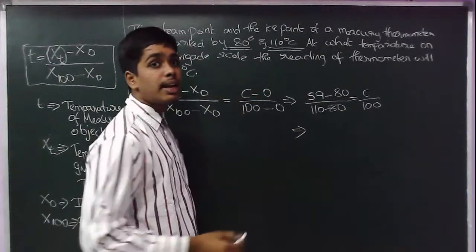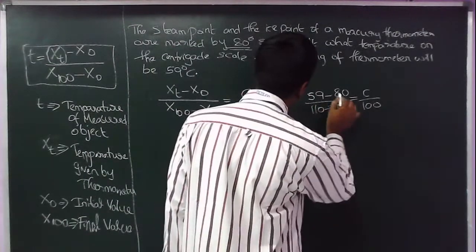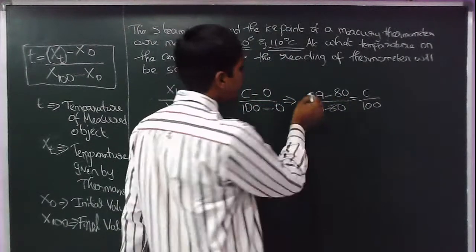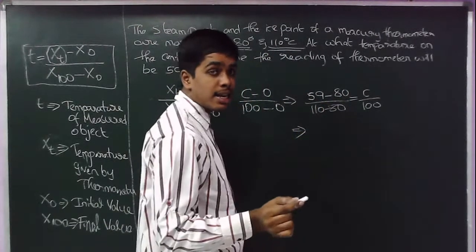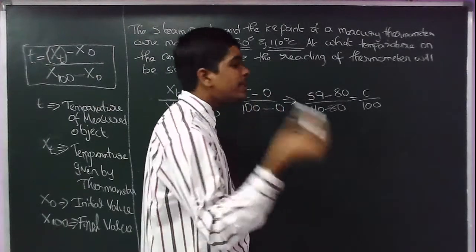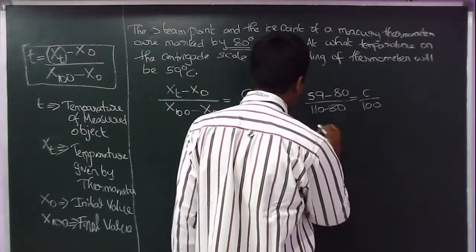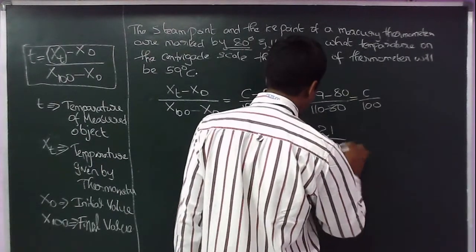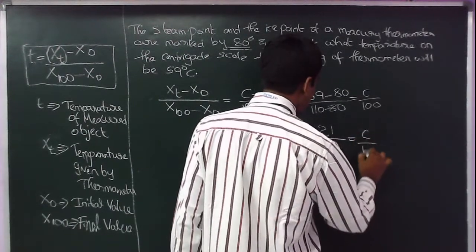So it is 21, I think. 59 minus 80 is minus 21. So it will become 21 upon 30 is equal to C upon 100.